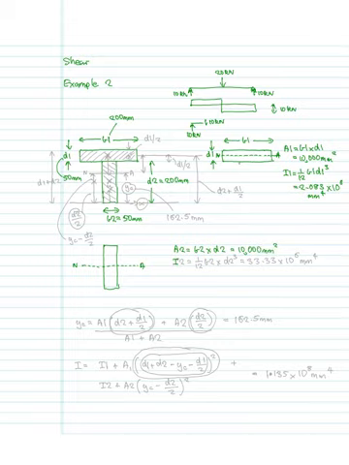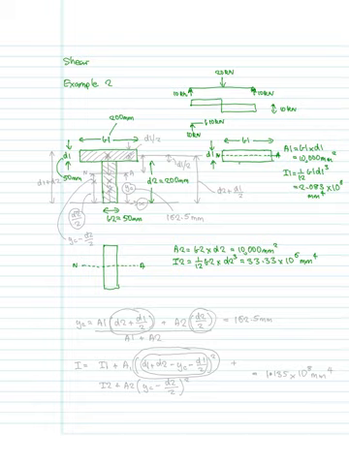And then we've got our second moment of inertia about the neutral axis, and that's going to be 1 over 12 B2 times D2 all cubed, and that's going to work out to be 33.33 recurring times 10 to the 6 millimeters to the fourth. So that takes us as far as working out our section properties of the individual sections.